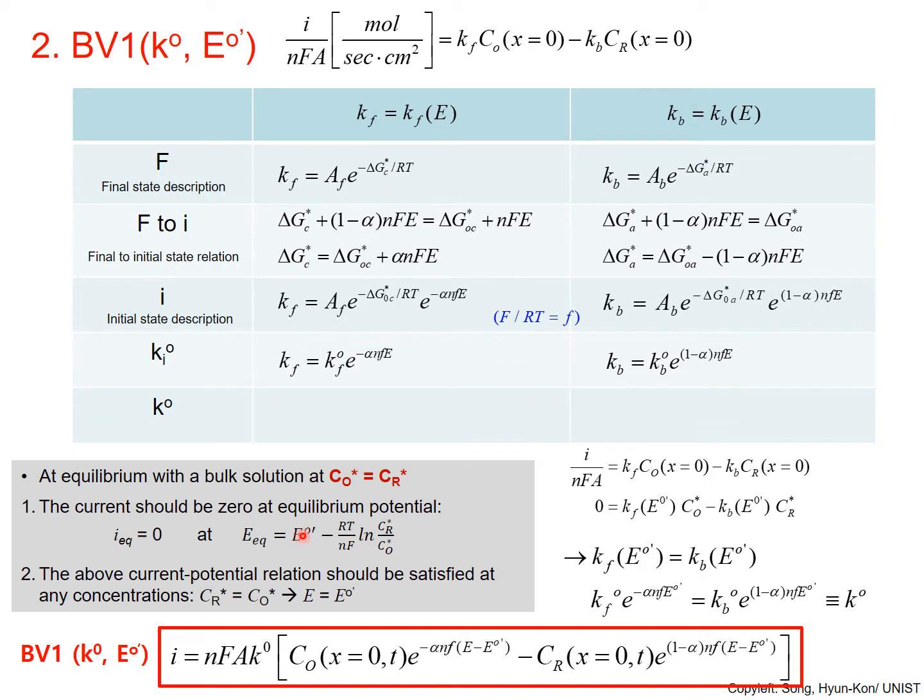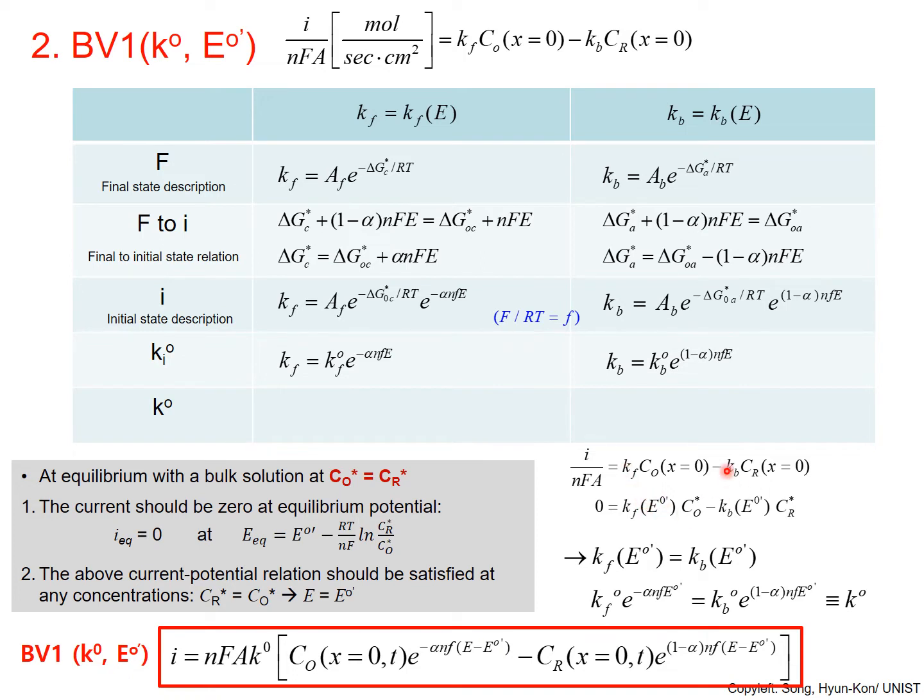Then let me use these conditions for the mass action law with the potential dependent reaction rate constant. So mass action law here, and current is going to 0 at this specific situation. Also, the Kf value should be at the formal potential.